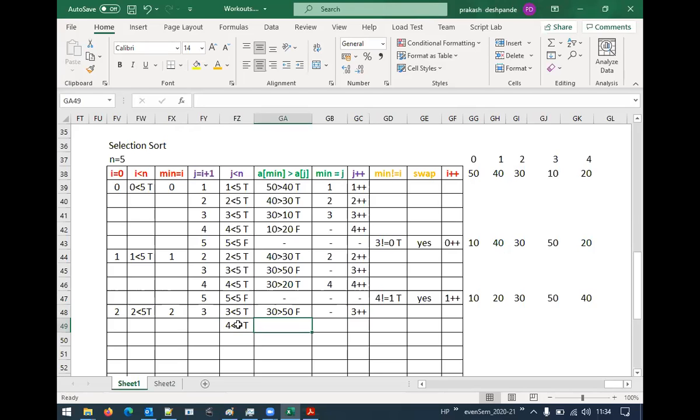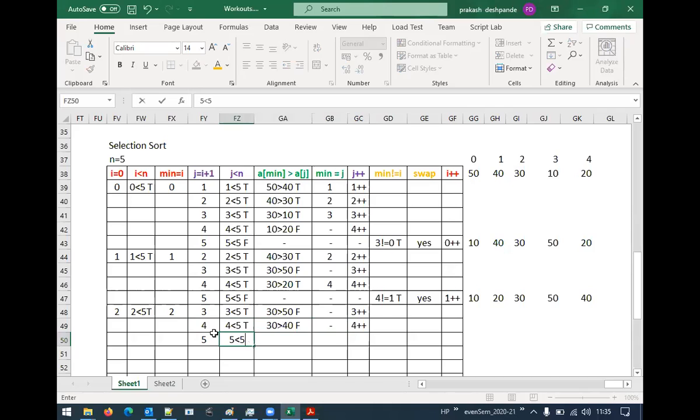So A of 3 is 30. Sorry, min value is 2 itself, right? I'm sorry, min value is 2 itself. So that is 30. 30 greater than the j value, which is what? 4. At 4, what do we have? Is it true? False. Skip this, increment j. So j becomes 4 plus plus, that is 5.